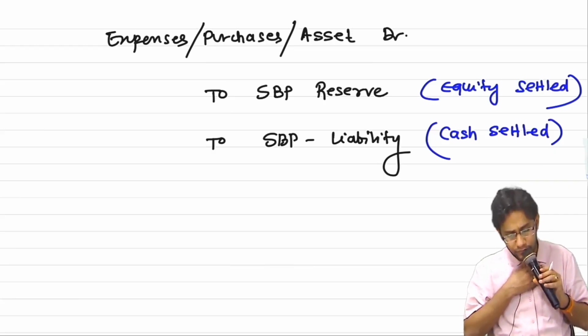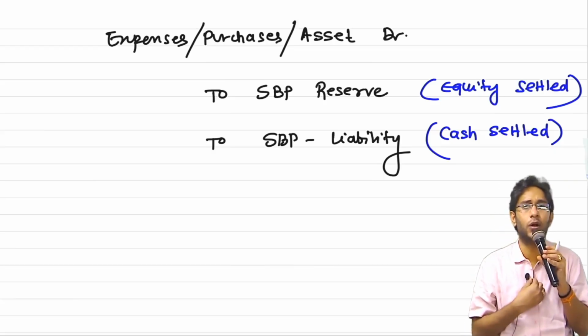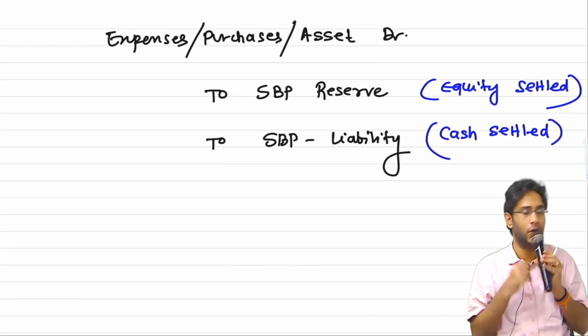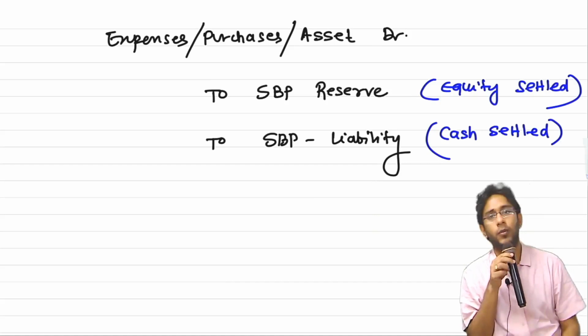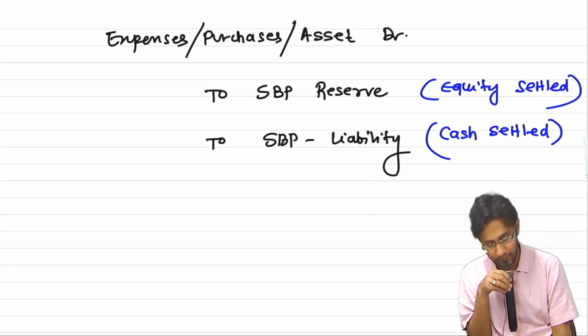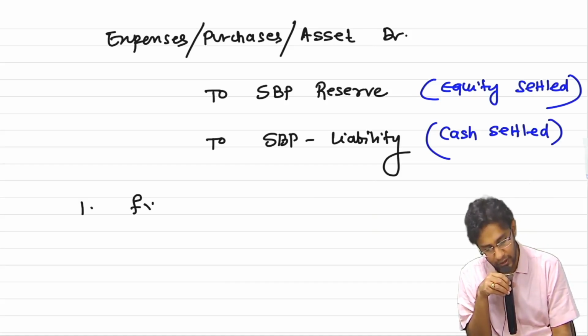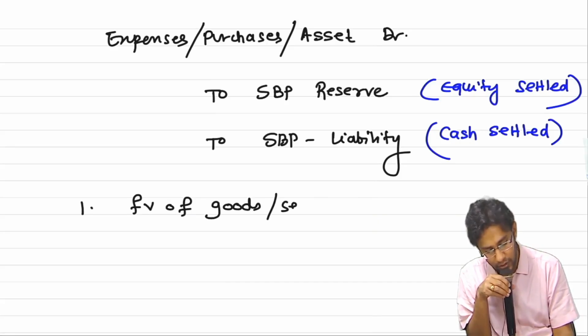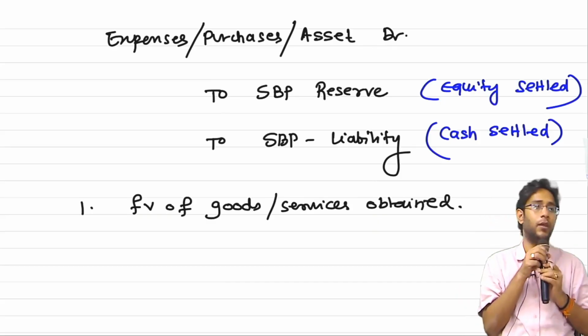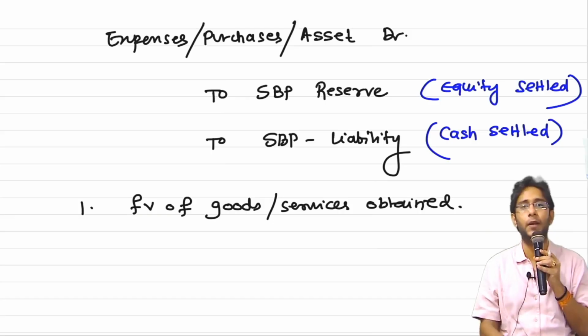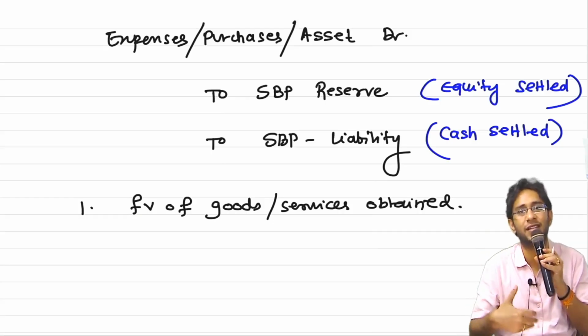Next question. Sir, at what value should the entry be recorded? Listen carefully. The first priority is the fair value of goods or services obtained. This is the first priority. It is not like PPE exchange, where the fair value of assets given up is the first priority.